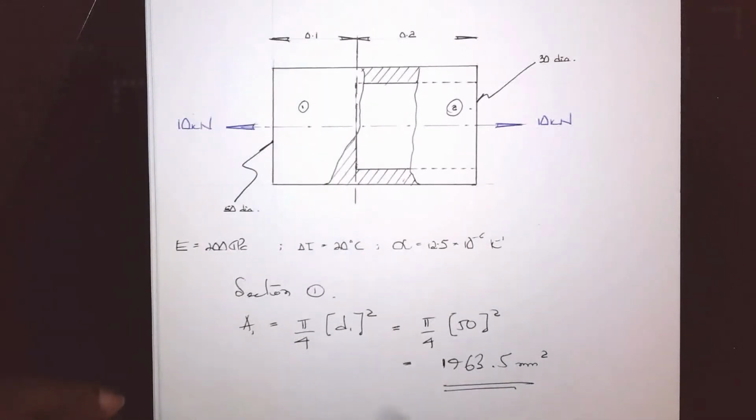So we can calculate the stress in section 1. Let's call that sigma 1. That will be equal to F divided by A1.